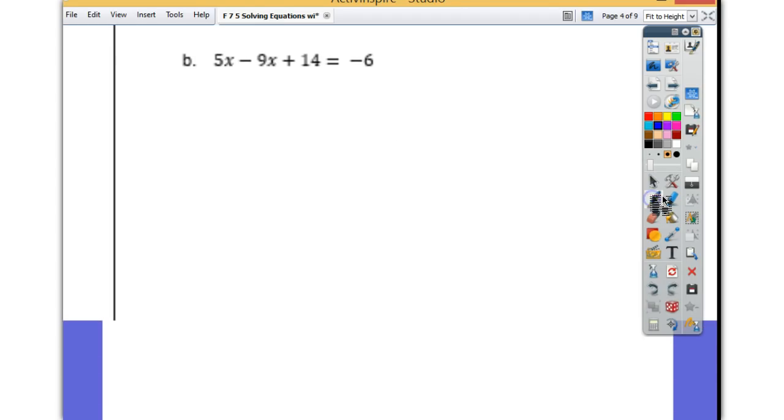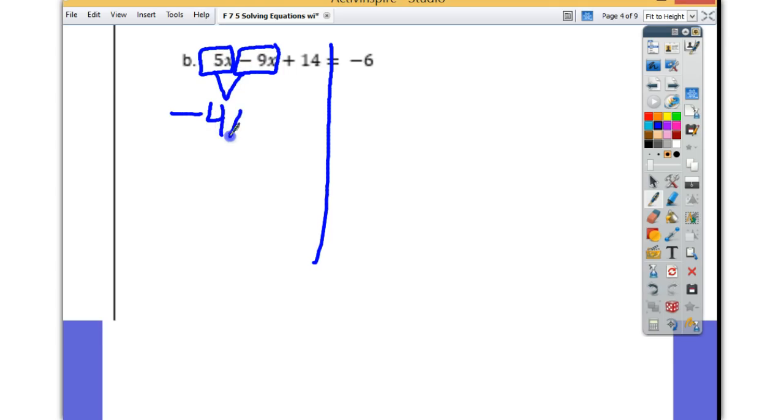B. Now on this one, our like terms are the variables that we can put together. 5x and the minus 9x. What does that give me? Good. A negative 4x. What do I bring down? Yep, bring down that. And on this side, nothing to combine, so just bring down my minus 6. My equal sign in between.